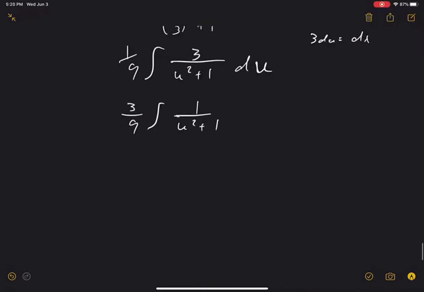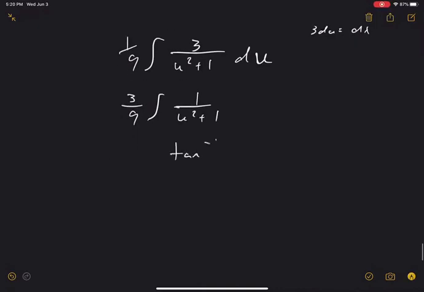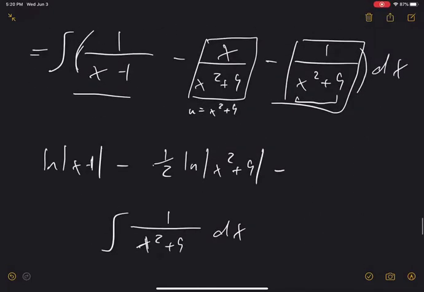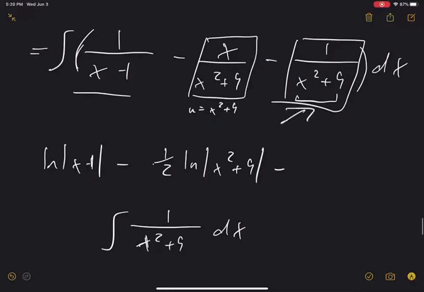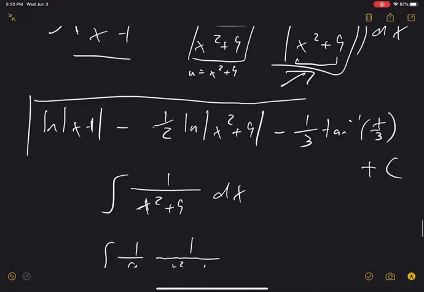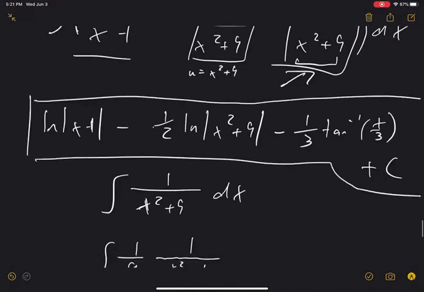Now I see it's a nice tan inverse u times 1 over 3. I undo my substitution. Okay, so yeah, 1/3 tan inverse x over 3. So that means this stuff becomes minus 1/3 tan inverse x over 3. And I got my plus c. So this would be my final answer.